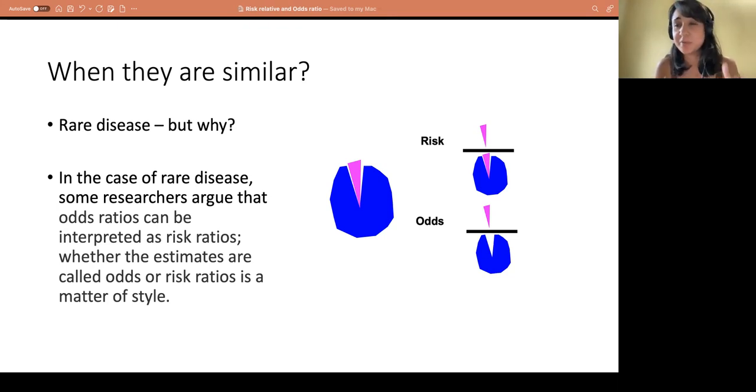I confess that I prefer using the term odds because odds was the real calculation, but explain that the risk factor or exposure investigated increases the chance to develop the disease. But some researchers argue that you can use the term increase the risk, even though you use odds ratio to calculate the numerical value to investigate this association.